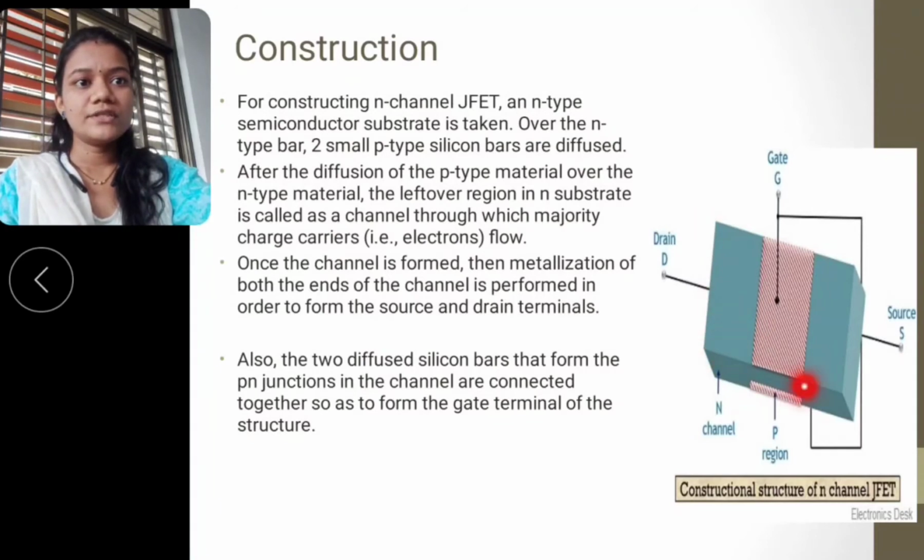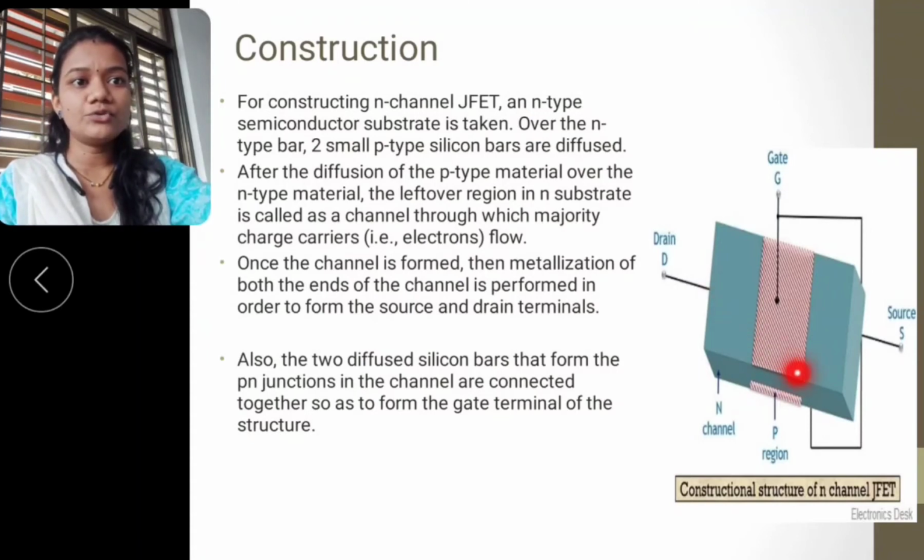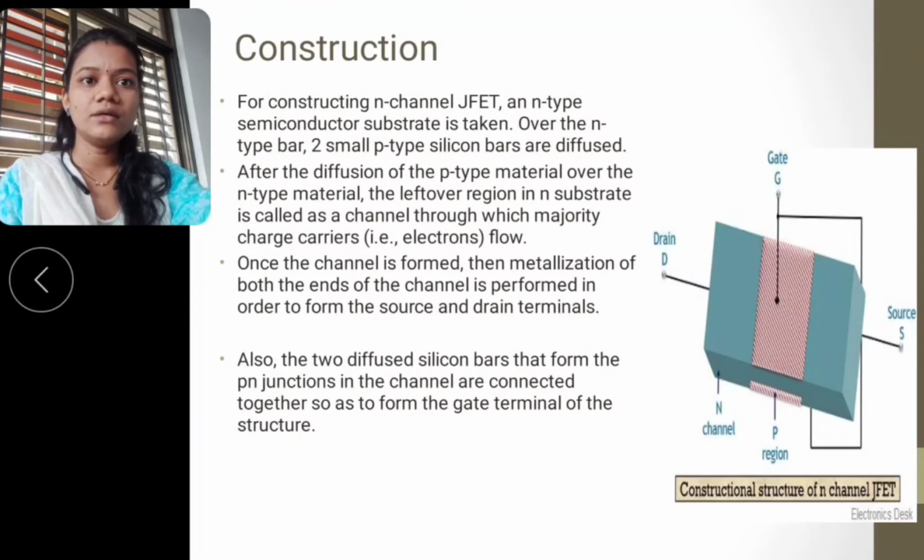After the diffusion of the P type material over the N type material, the leftover region in the substrate is called the channel. We can call it the channel through which the majority charge carriers flow.